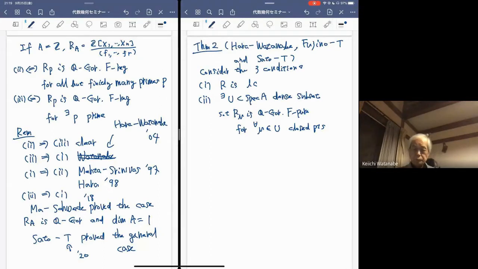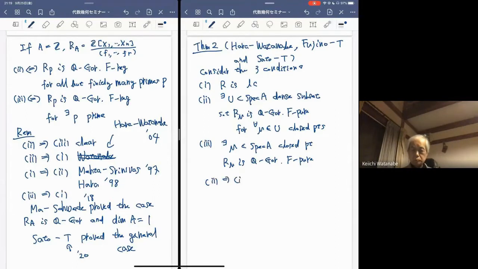And the third condition is there exists one mu, a closed point of Spec A, which means a maximal ideal, such that R_mu is Q-Gorenstein F-pure. Then what we know is 2 implies 3.